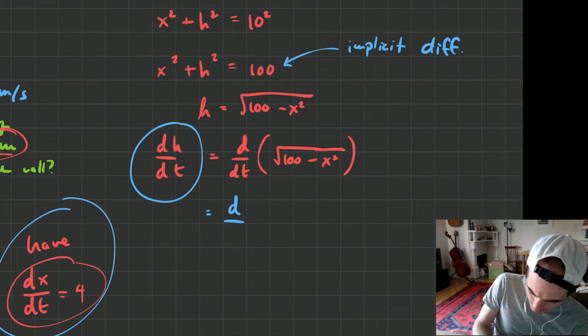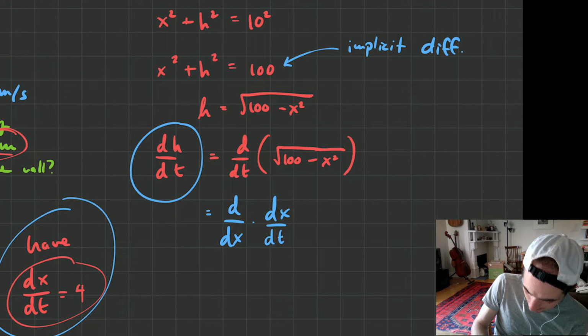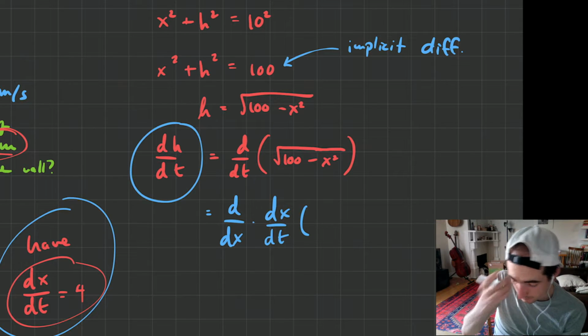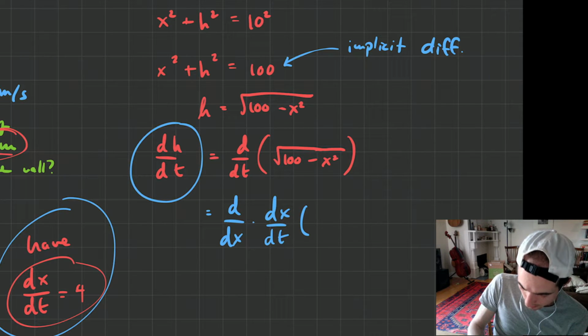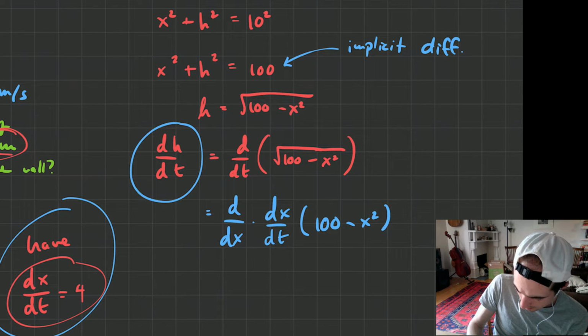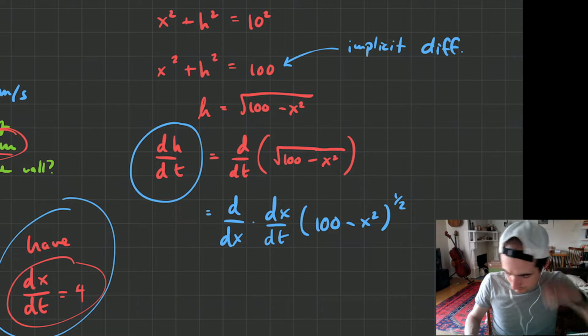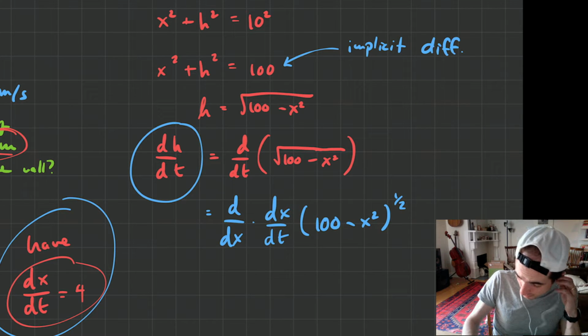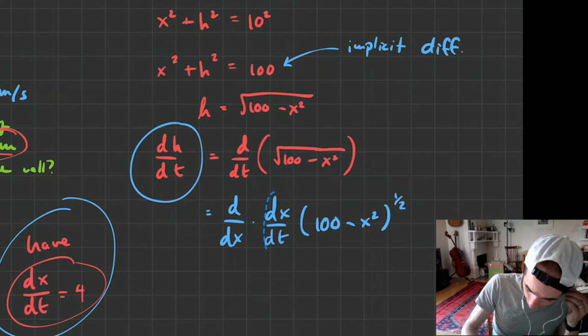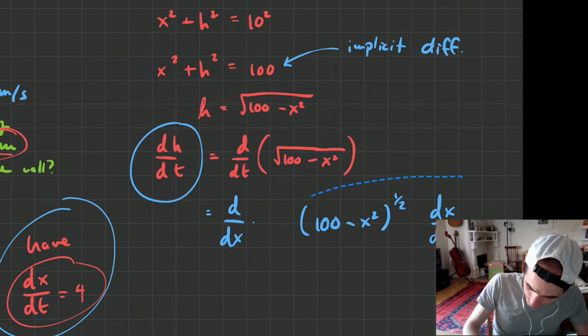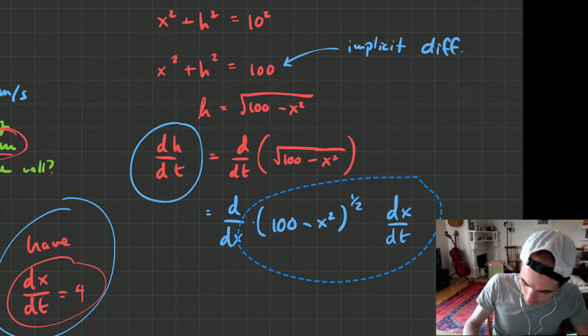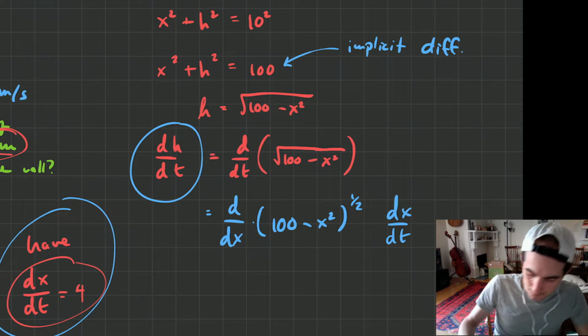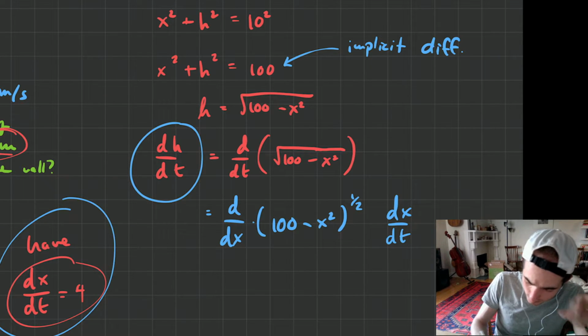I'm going to take d by dx times dx by dt of 100 minus x squared to the power of 1/2. Then I'm going to move this dx by dt over to the right, just to get it out of the way, and then we can see where this dx by dt is coming from. So this is going to be what?